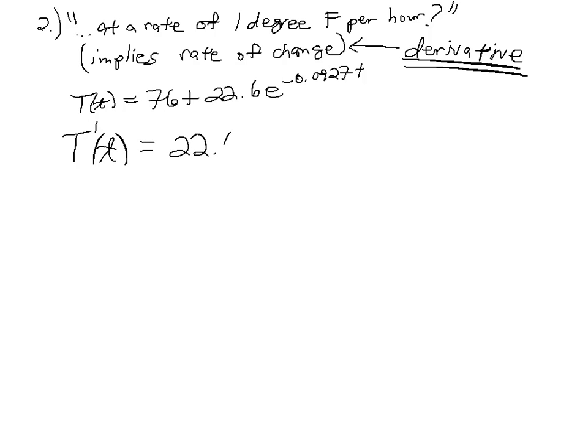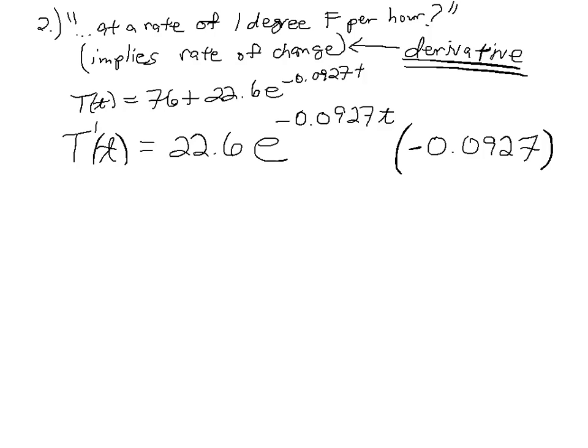So the derivative of 76 is 0. We factor out the constant. The derivative of the exponential function is the exponential function, but we have a linear function inside here that we have to differentiate, and we just get the coefficient.